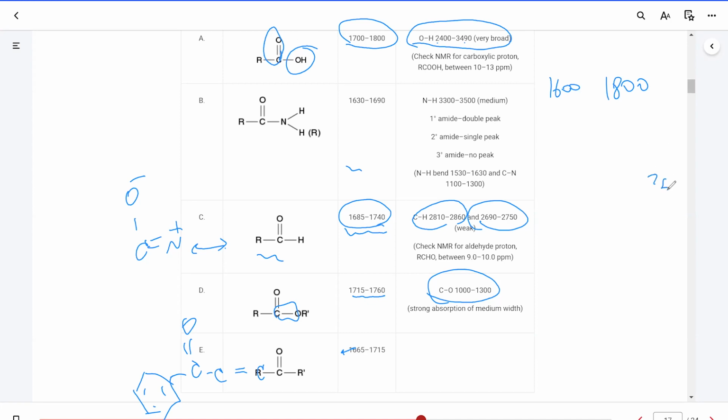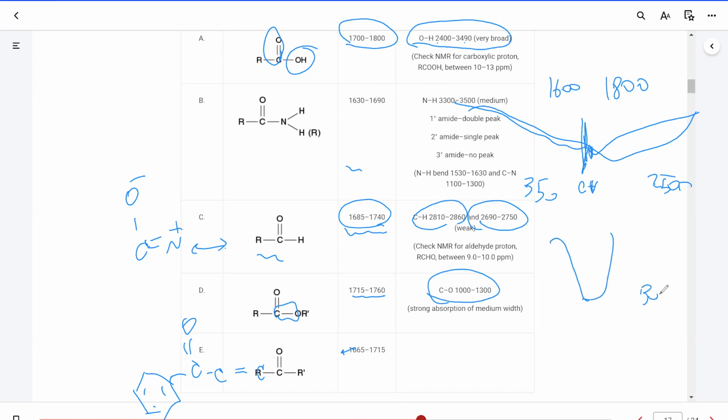Around 3,000 you would see the overlap of the peak from the CH bonds. It is very broad because for alcohol, the OH starts after 3,000 and is around 3,300, while for OH from a carboxylic acid, it starts from 2,500 and goes to about 3,500.